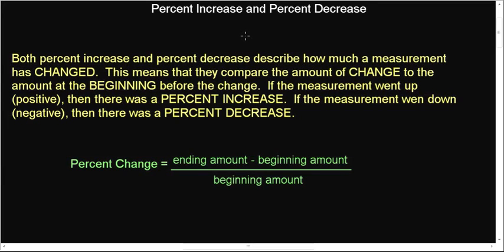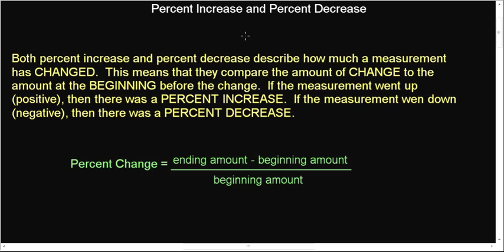In this video, we're going to talk about percent problems that involve percent increase and percent decrease. One of the things I'd like to point out is that we're really talking about the percent of change. I'm going to allow this little formula down here in green to represent the change, and then I'm going to have the sign of that change tell me whether it's going to be an increase or a decrease.